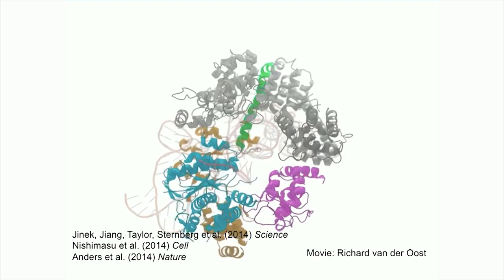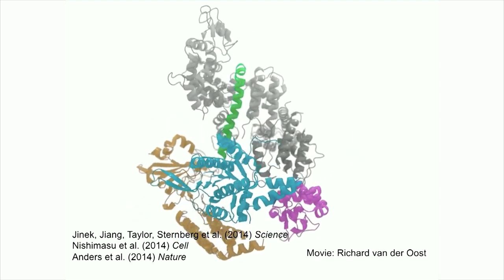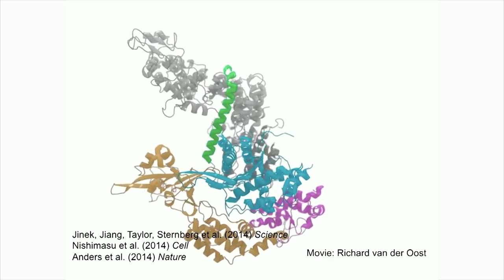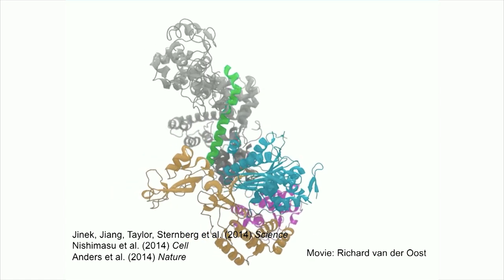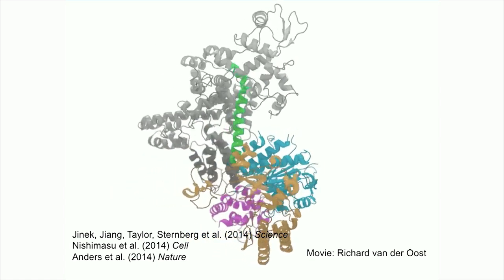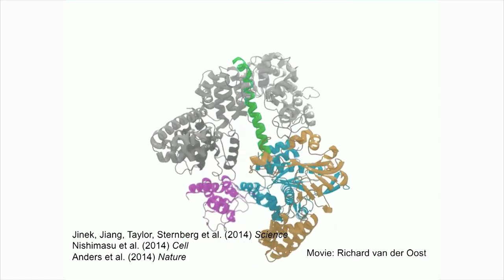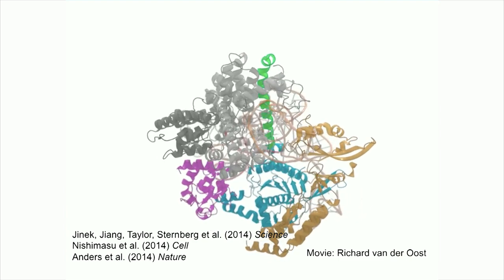And this will go back and forth one more time. So you can see this very large hinging motion that rearranges the structure of Cas9, especially in this domain over here, to create the binding site for the RNA-DNA hybrid.